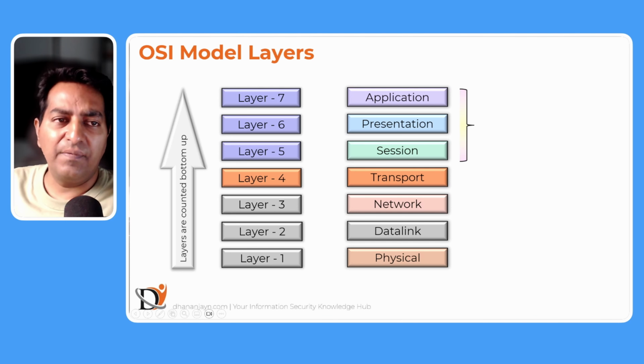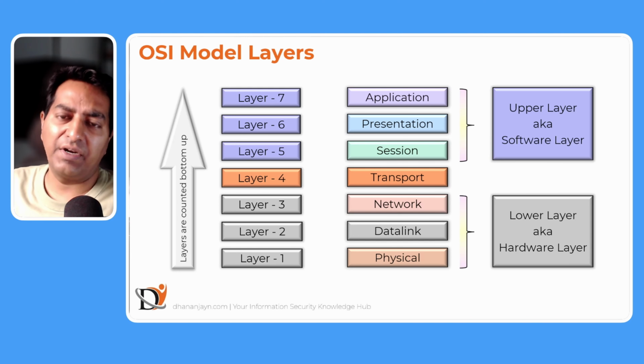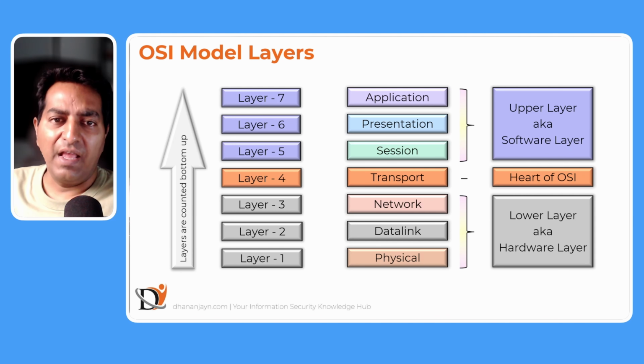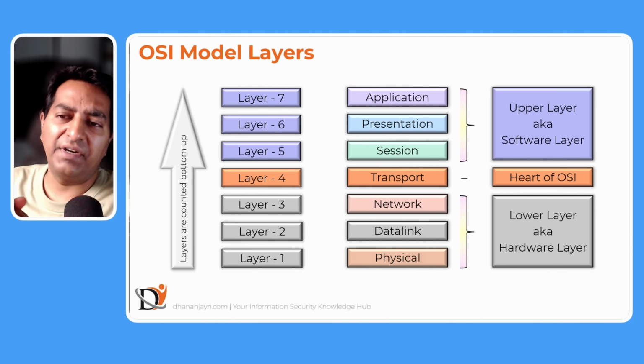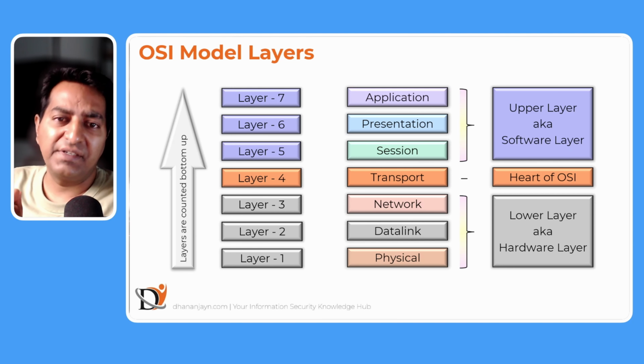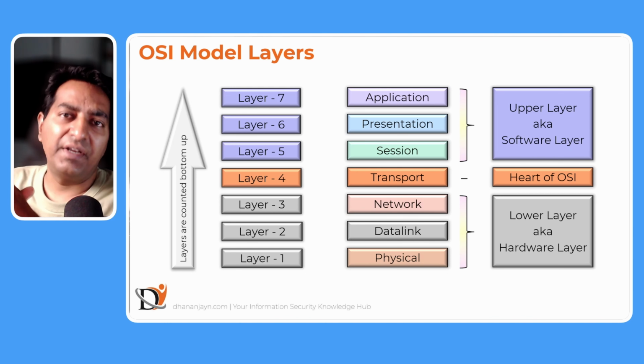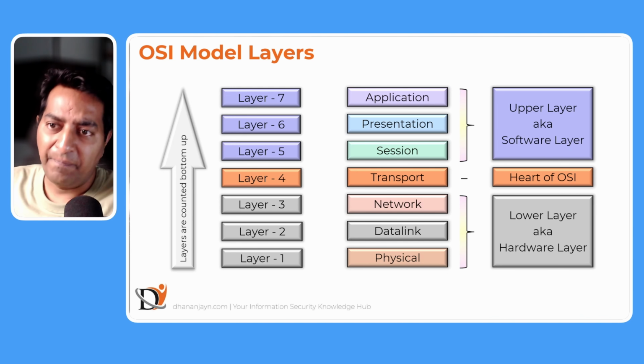So the top 3 layers are referred to as the upper layers or software layers, and the bottom 3 layers are known as the lower layers or hardware layers. And the transport layer, positioned in the middle of the OSI model, is often considered the heart of the entire system, as it facilitates the reliable and efficient transfer of data between different devices or nodes.